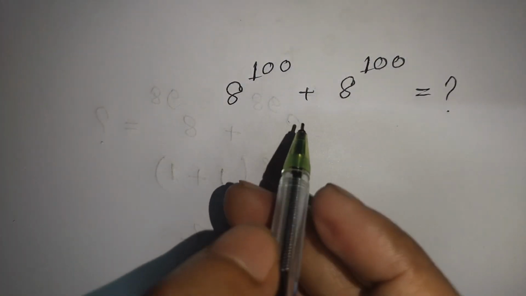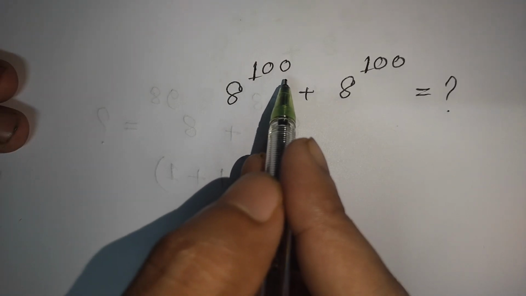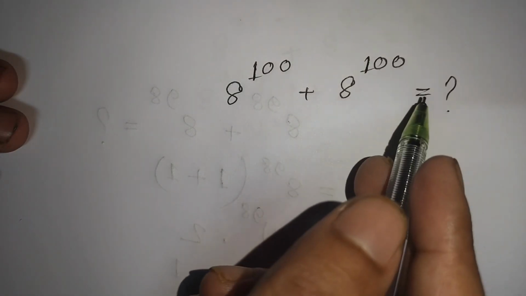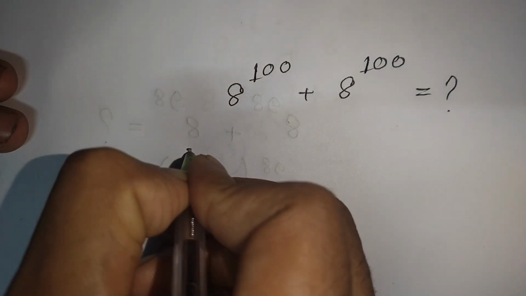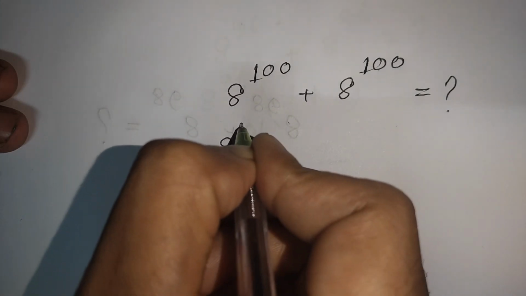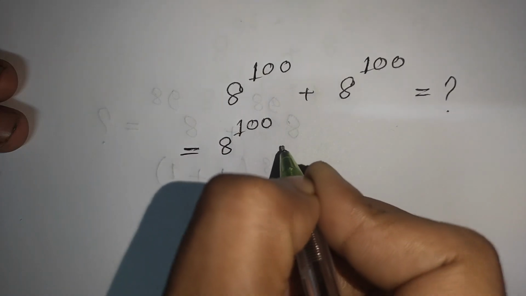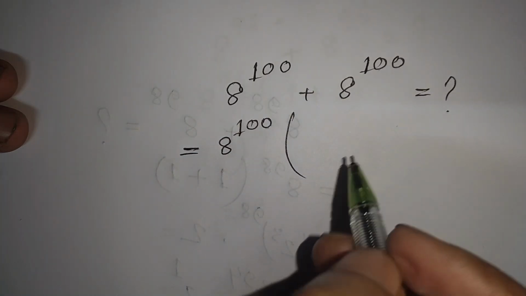How to solve 8 power 100 plus 8 power 100 is equal to what? At first we take 8 power 100 common. First bracket start.